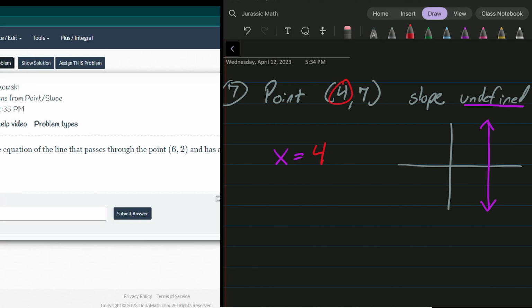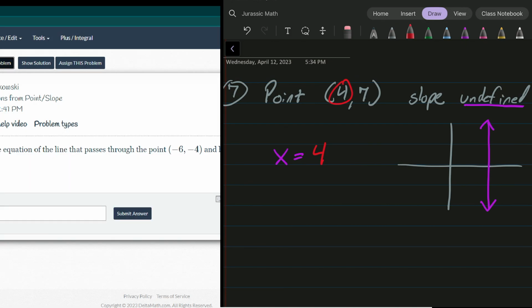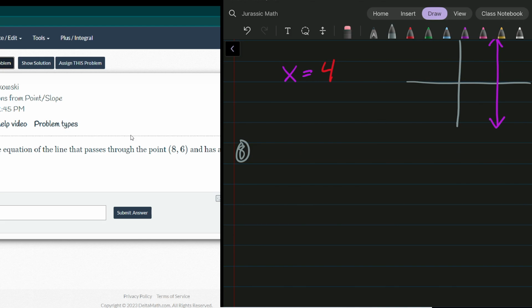Now, if we had one where it said a 0 slope, let me see if I can find one real quick. Undefined, undefined. Here it is, a 0 slope. This one, I'm going to say this is 8 because you're going to get more than one of these problems. So 8 says you have a point 8, 6, slope 0.